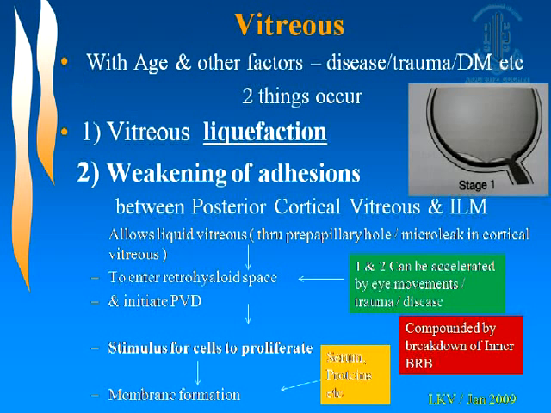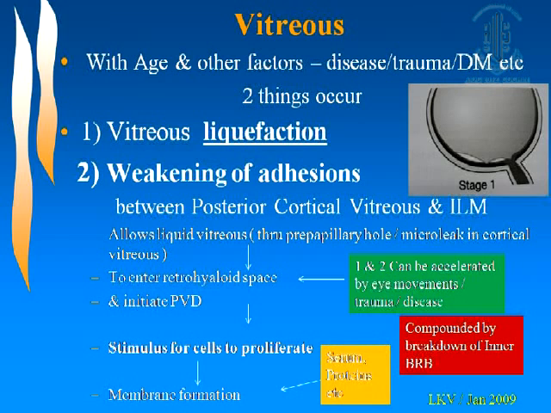So with age, or with other things like trauma, diabetes, two things generally occur at this interface, at this vitreous. One is liquefaction, which keeps occurring with time. Another is the weakening of adhesion between the cortical vitreous and the internal limiting membrane.